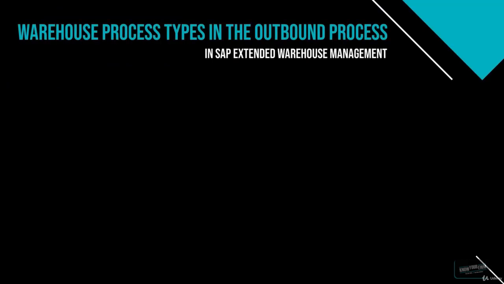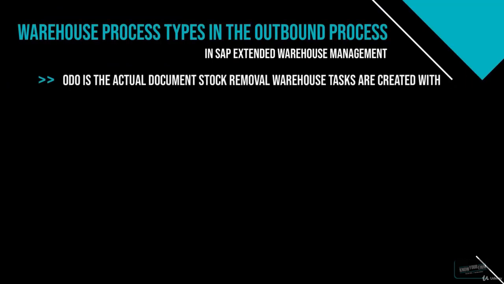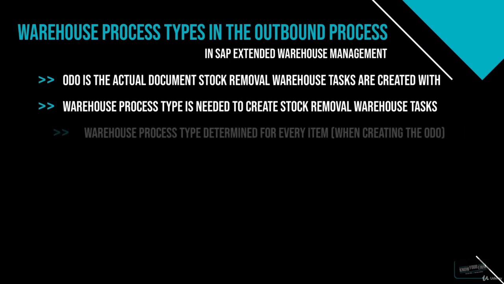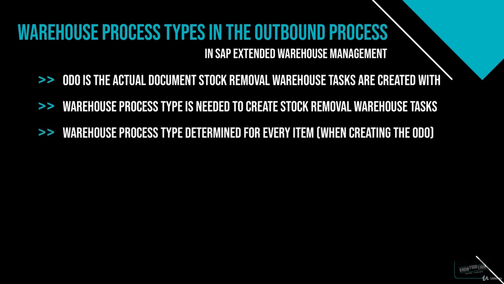We already told you that the outbound delivery order is the actual document we create our stock removal warehouse tasks with. And for creating those stock removal warehouse tasks, we obviously need a warehouse process type. When the EWM system creates the outbound delivery order, there is a warehouse process type determination for every item.